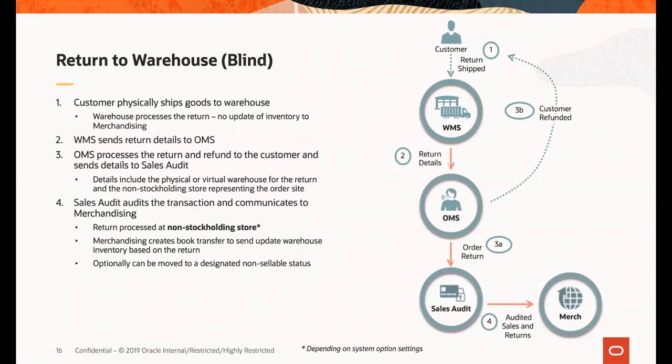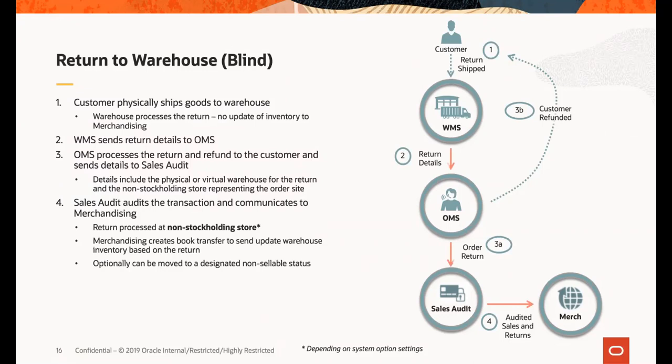Within what we talked about last week with the Logfire or WMS cloud integration, we have a specific process that's documented on how that works with our solution, which might be helpful as a reference point as well. How merchandising does get notified is through order management and through the sales upload process into sales audit.